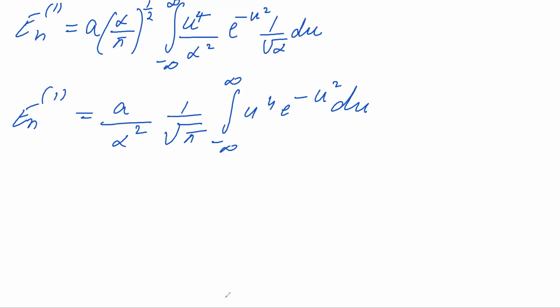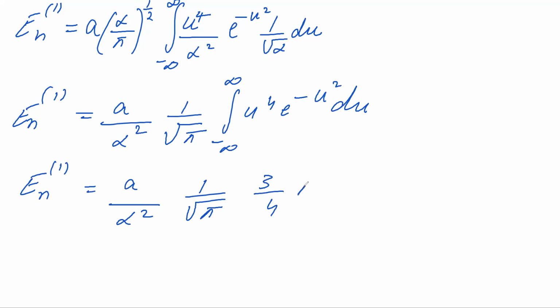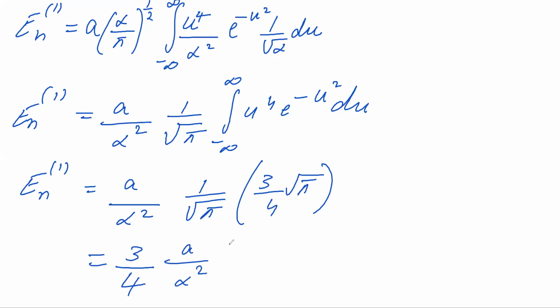And then we can solve this. So En1 is equal to a over alpha square 1 over under root pi 3 over 4 into pi under the root. So this is equal to 3 over 4 a over alpha square.